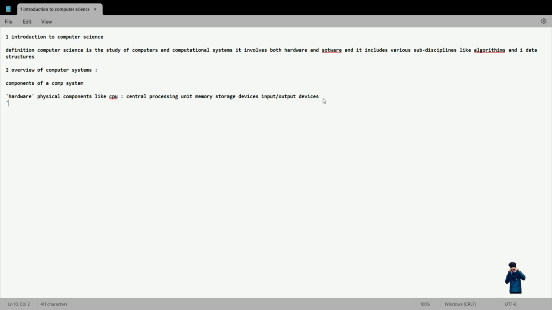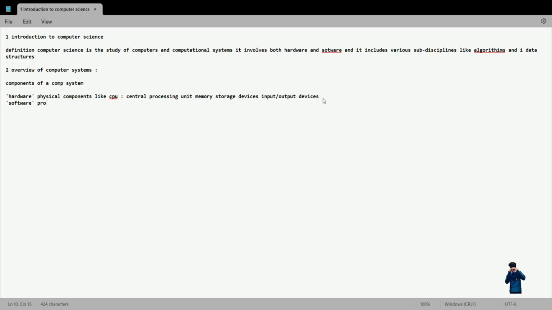After that, in this component section we want to know about software. What do you mean by software? You already know about that. Software means using coding languages to develop things, whatever you want. We will see software clearly in this tutorial.